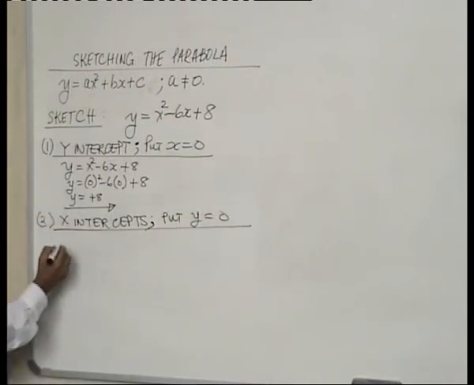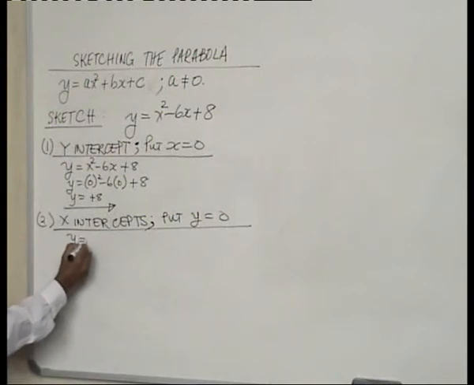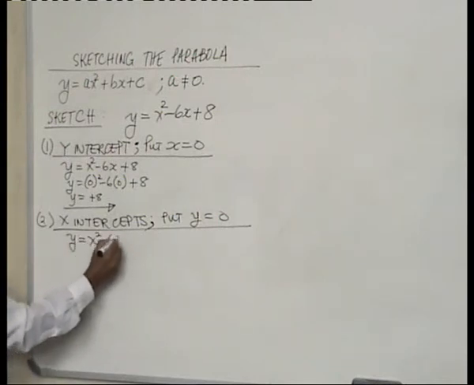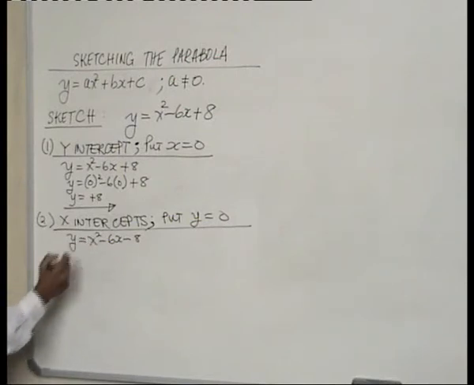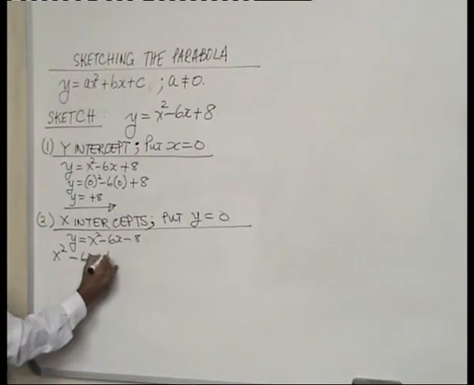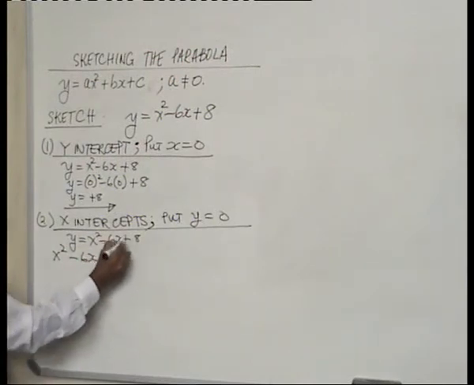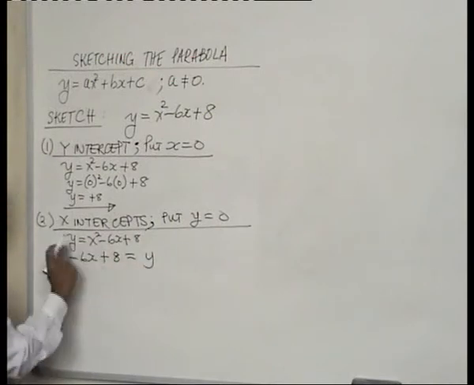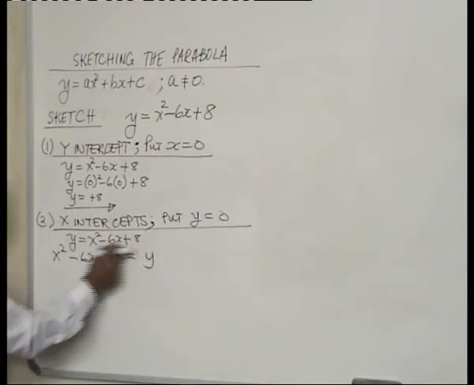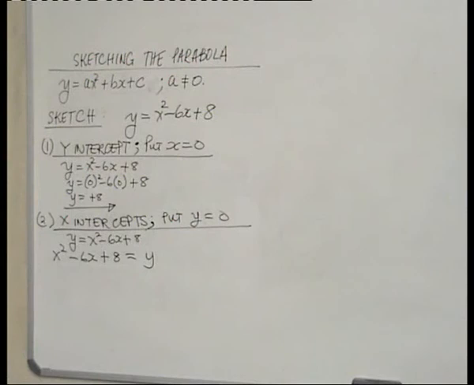So for convenience, first let's write it the normal way. That's how it is written normally. So for convenience, I can write this as x squared minus 6x plus 8 is equal to y. For convenience, I can write the y on that side and I can write all of this on this side. That's a law of equation.